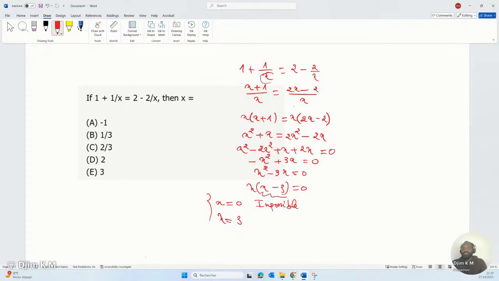This one. Or we could also simplify by saying like this. If we simplified x here directly, it would have given us x plus 1 equal to 2x minus 2.